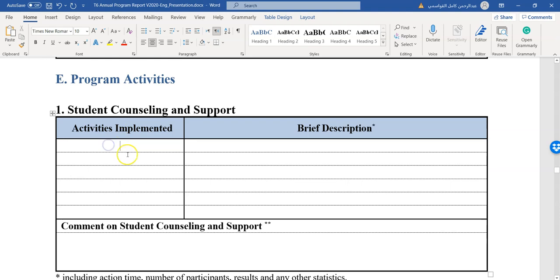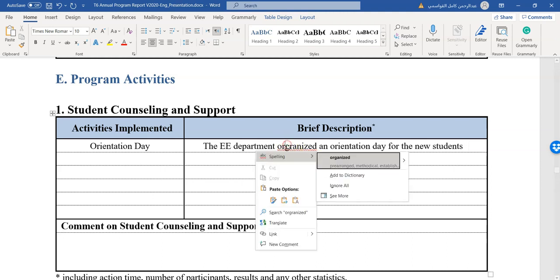This is the name of activity, for example, orientation day, and a brief description, for example, the electrical engineering department organized an orientation day for the new students, and so on.